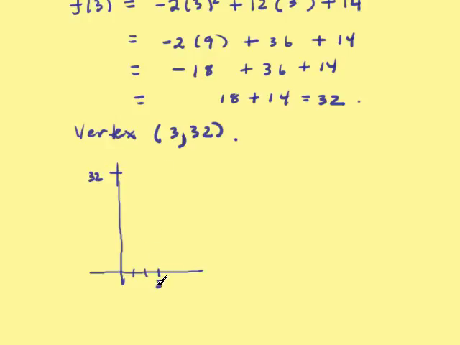Let's say that's the point (3, 32). And we're going to draw something that faces down. Let's get some points in here. Let's say y-intercept and x-intercepts, and so we can draw a better graph once we find those.